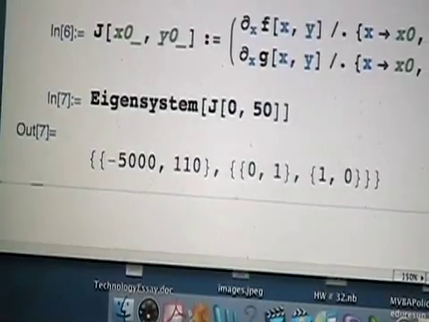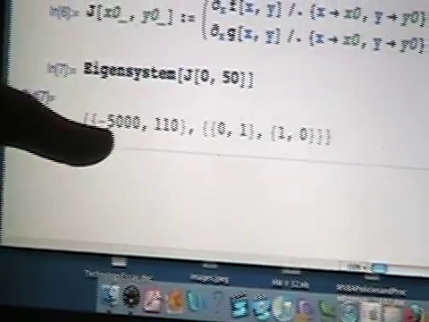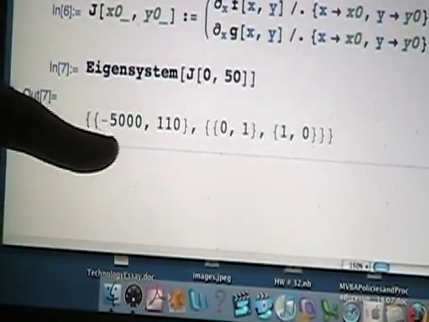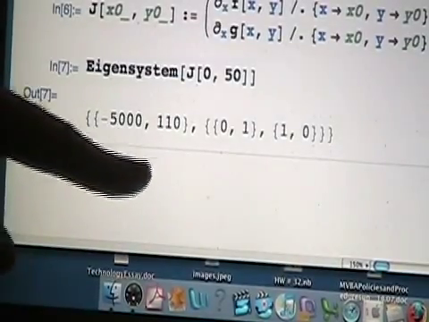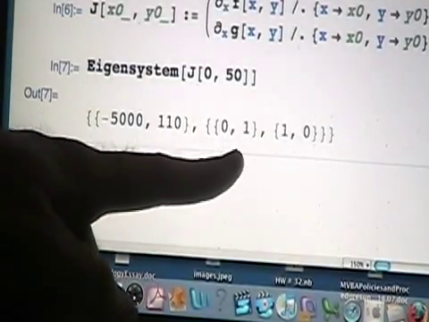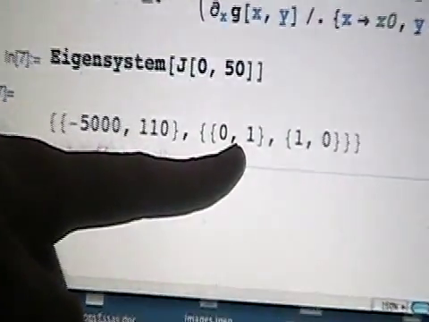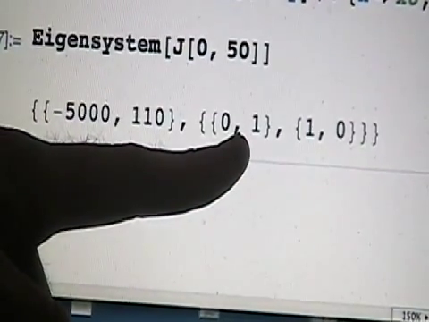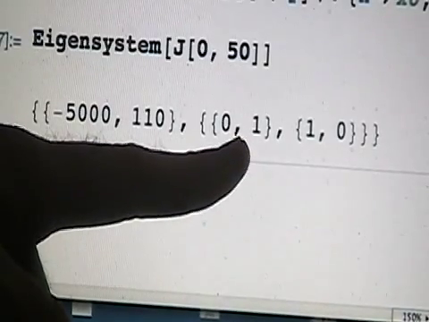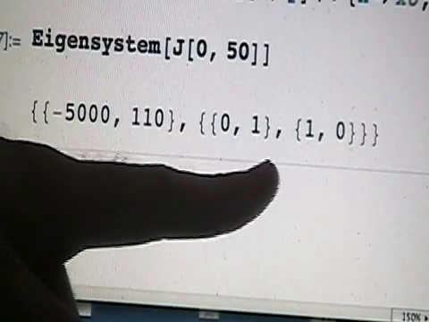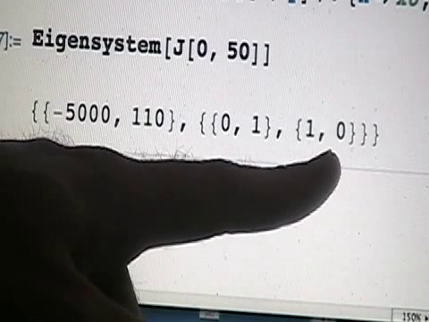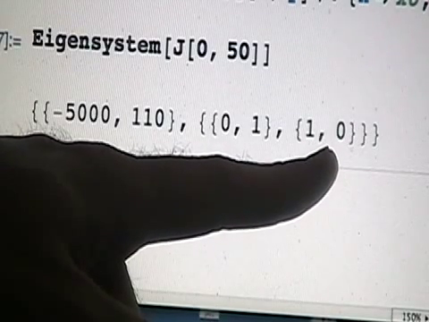Wow. Look at that. Negative 5,000 is one eigenvalue. Positive 110. The eigenvector corresponding to negative 5,000 is (0, 1), which would point straight upward. Any vector parallel to that, including pointing straight downward, would be an eigenvector for that. And the eigenvector for the other one, the positive eigenvalue, is (1, 0), which points horizontally.